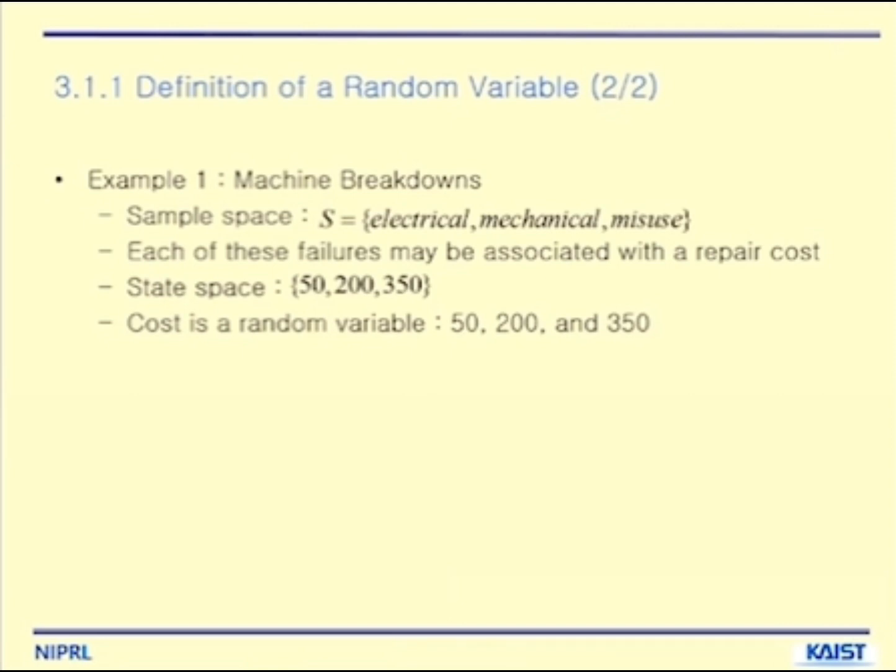That's what we mean by discrete. Like the number of students in this class, the number of goals scored in a soccer match. That's discrete. Now let's look at an example.